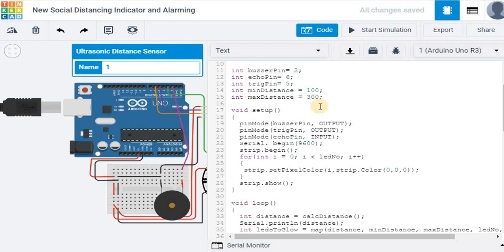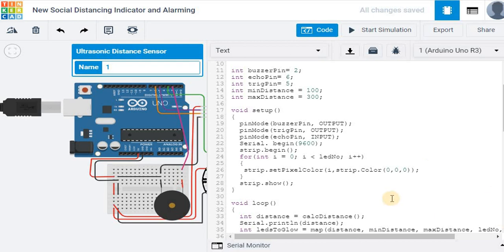As mentioned earlier, the range is from 300 centimeters to 100 centimeters. We can see that we are moving from safe to critical distance. At 100 centimeters, indication of all 12 RGBs will glow and the buzzer will give an alert of violation of social distancing.